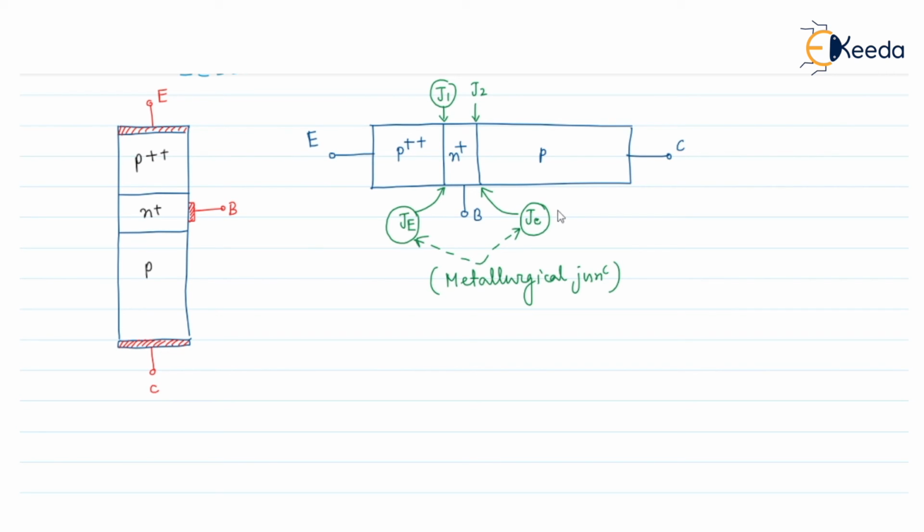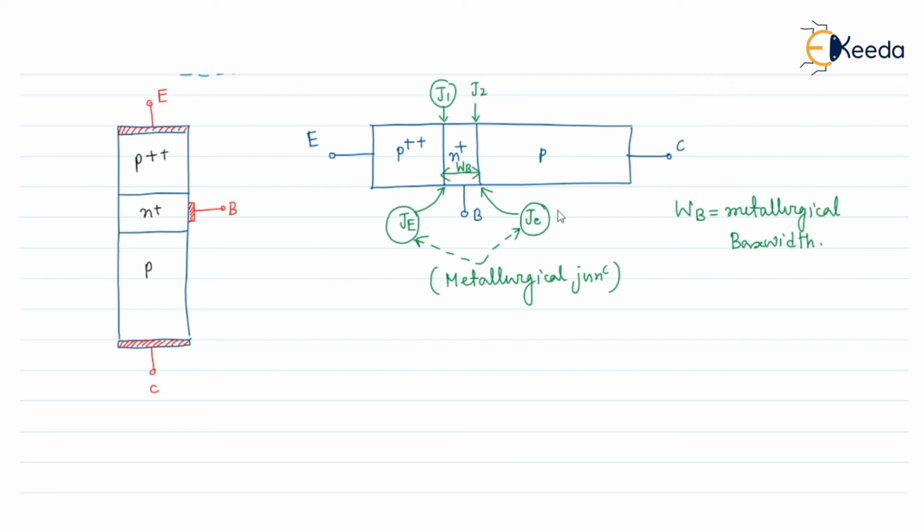And the distance between these two metallurgical junctions is called the metallurgical width of the base, that is the base width. So WB is denoted as metallurgical base width. So this is the structure of the BJT, and this is the basics of BJT.